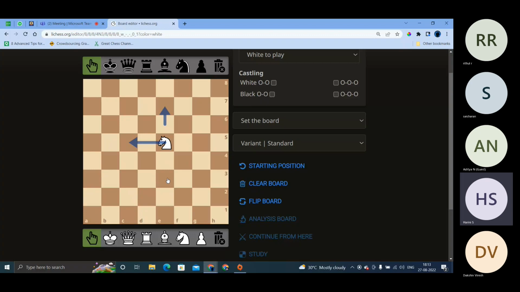E3 is this. But it doesn't stand there. It will only travel this way and then land in F3. Very good. So it lands in F3 or D3. Okay, this square or this square. Very good. Super.